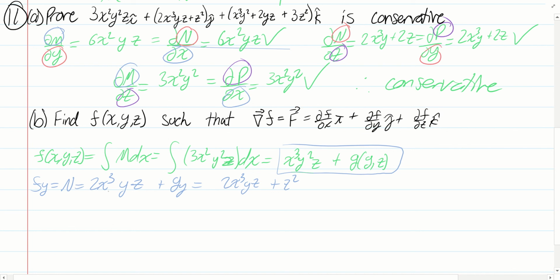Looking at it, these two terms right here are the same, so I'll cancel these out, which makes g_y equal to z squared. So solve for g of y, z. I'm just integrating z squared with respect to y, which equals z squared y plus some function h of z.